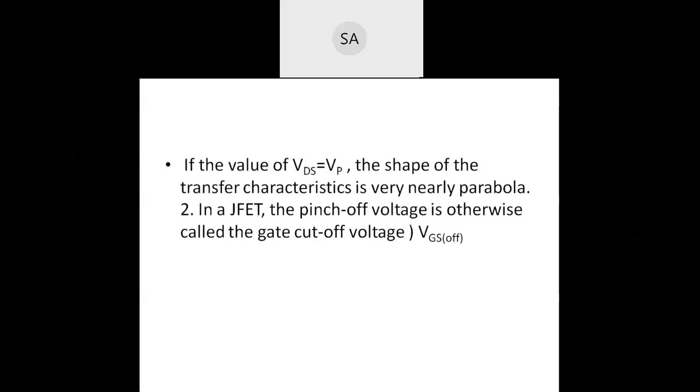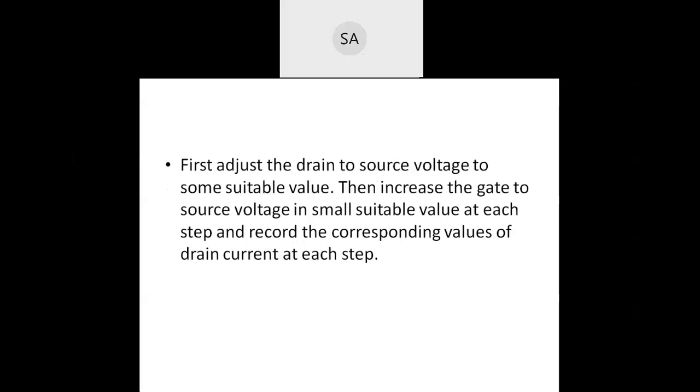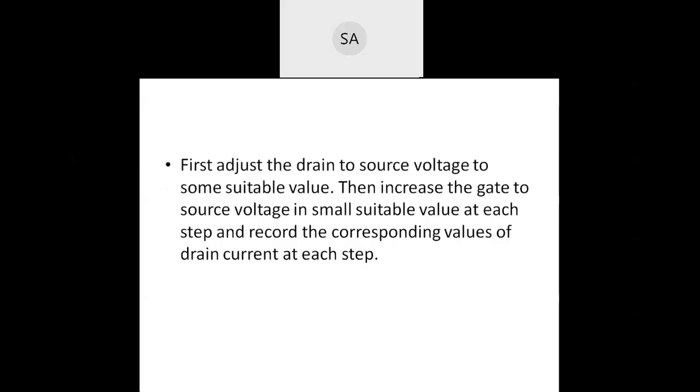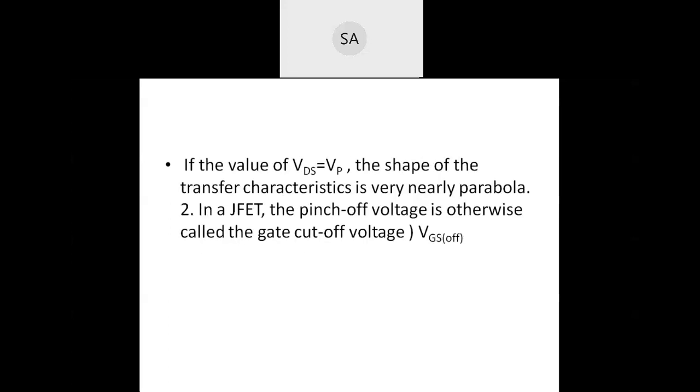If the value of VDS is equal to VP, the shape of the transfer characteristics is very nearly a parabola. In a JFET, the pinch off voltage is otherwise called the gate cutoff voltage, VGS cutoff. We can call it a pinch off voltage, and we can also call it a cutoff voltage.